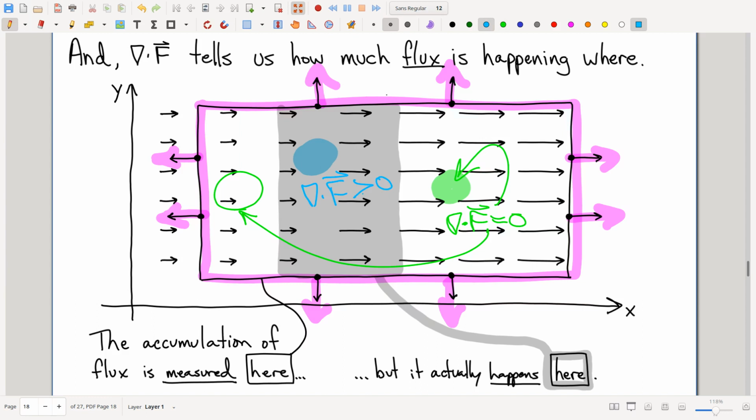So let me say this in more general terms. The density, appropriate to the quantity we're talking about, is positive here. That's where it's happening. The density is 0 over here, so none of that flux is coming from over here.